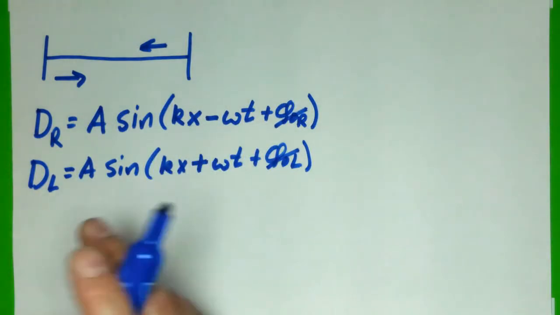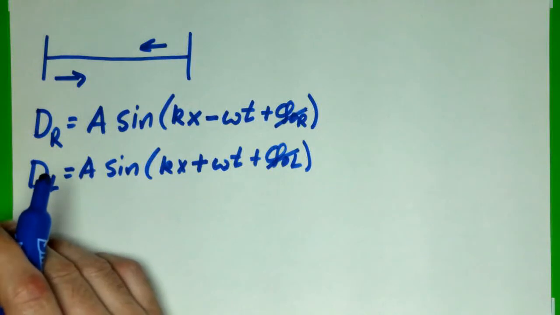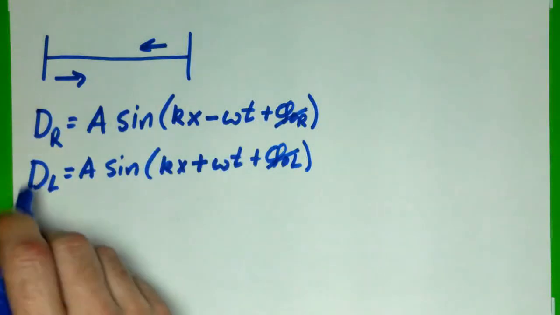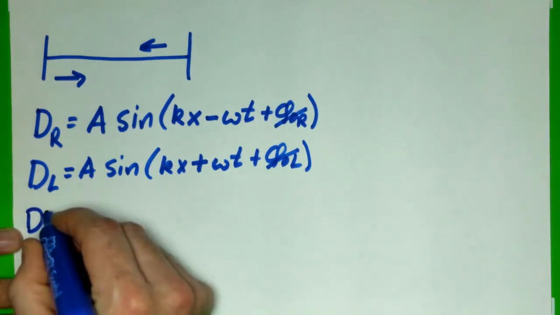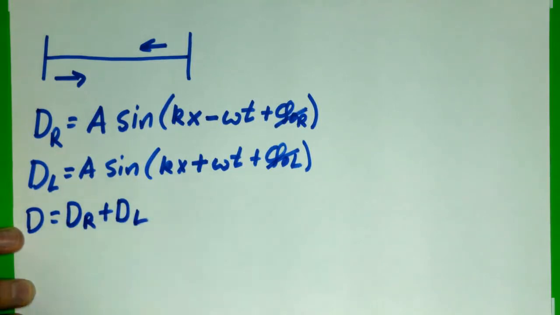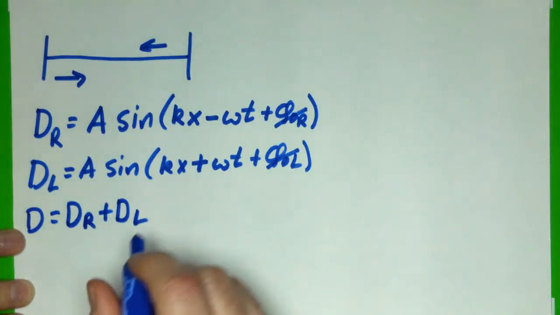Okay, so as they're overlapping through superposition, the total displacement function is just a sum of these two. Our displacement function is d_r plus d_l.